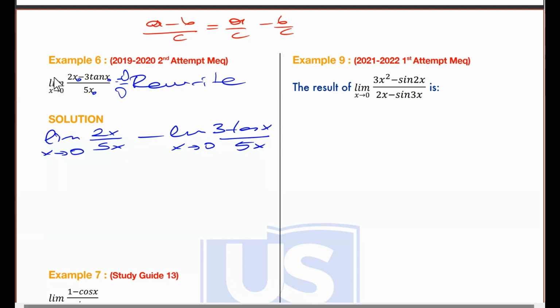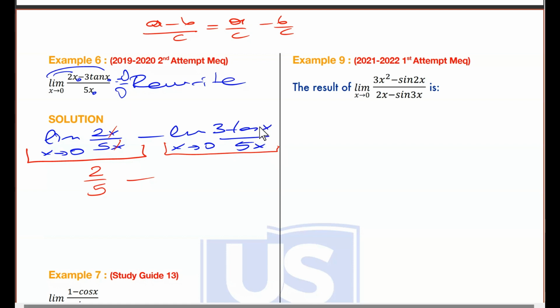Okay, it's like distributing the idea of limit, one of the properties that we studied. So what is the limit here in the first part? In the first part, when I insert 0, it's the 0 over 0 case. Remember, we should simplify in such cases. When you simplify x's, you're left with 2 over 5. The first part is 2 over 5. Minus, what about the second part? The second part is also a 0 over 0 case, involving tan and an x function.